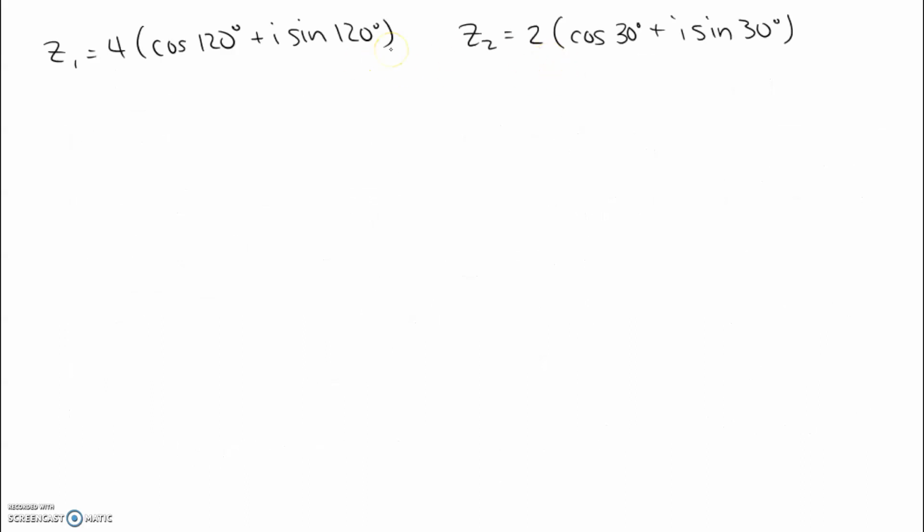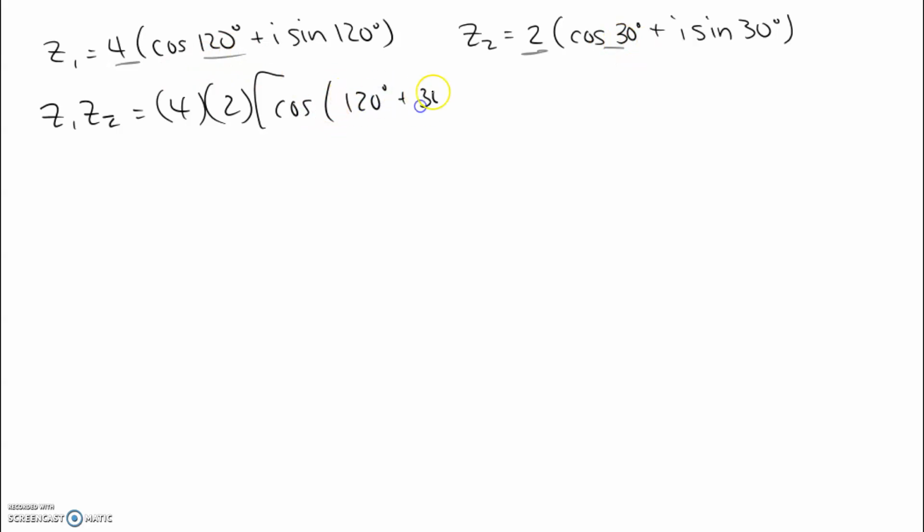So z sub 1 times z sub 2. What we're going to do is we're going to multiply moduli together. So that's going to be 4 times 2. And then times cosine of 120 plus 30 plus I sine of 120 plus 30.